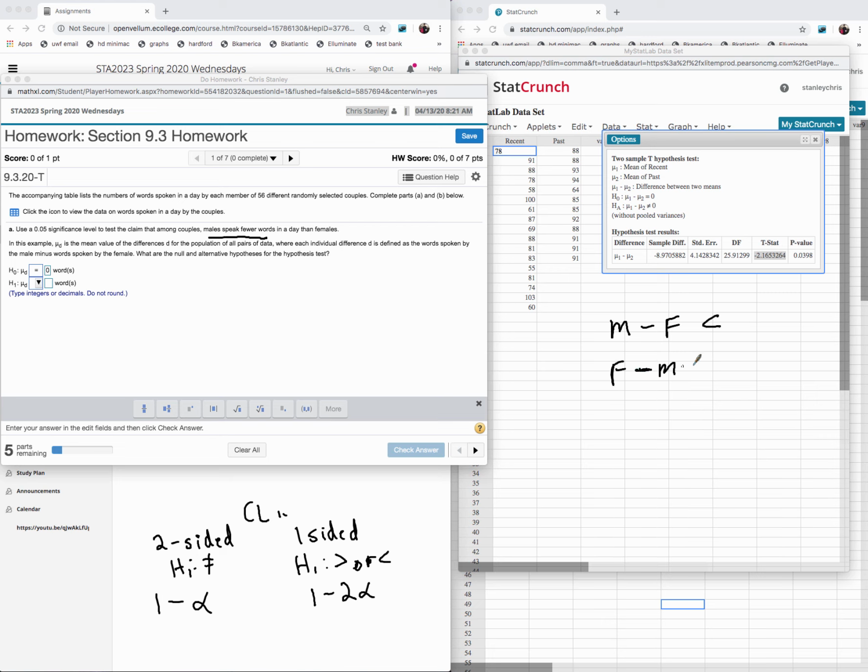If it's one order, it's going to be a less than. If it's the other, it's going to be a greater than. Here it's males minus females. So if males are fewer and females are more, a number that's small minus a bigger number gives me a less than 0. So you have to pay attention to the order that they put them in.